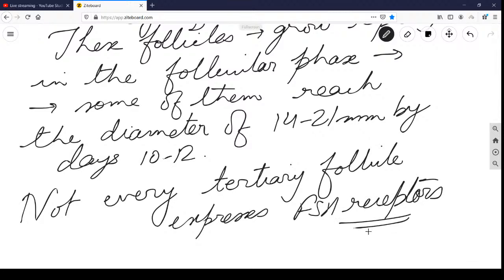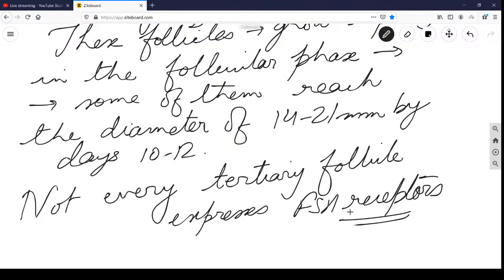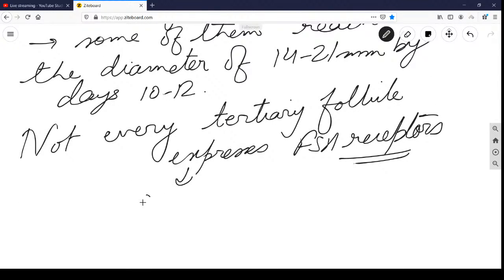The granulosa cells or the follicular cells, which lie underneath the membrana granulosa, which is the basal membrane that demarcates the connective tissue, the stromal tissue, theca externa, interna, and the granulosa cells. So the granulosa cells, you can write, the granulosa cells or follicular cells, which are the epithelial cells, they do not express the FSH receptors. Not every tertiary follicle expresses the FSH receptors.